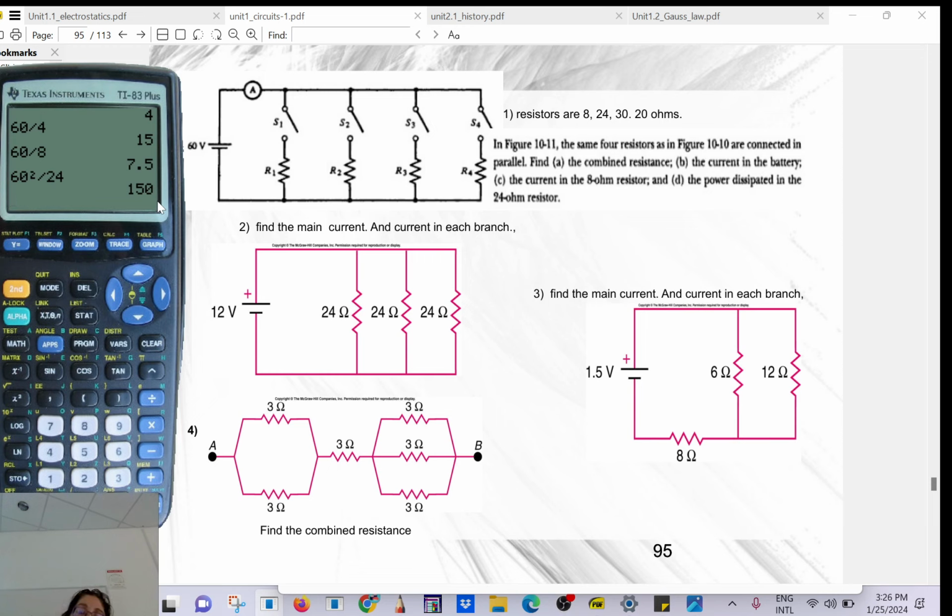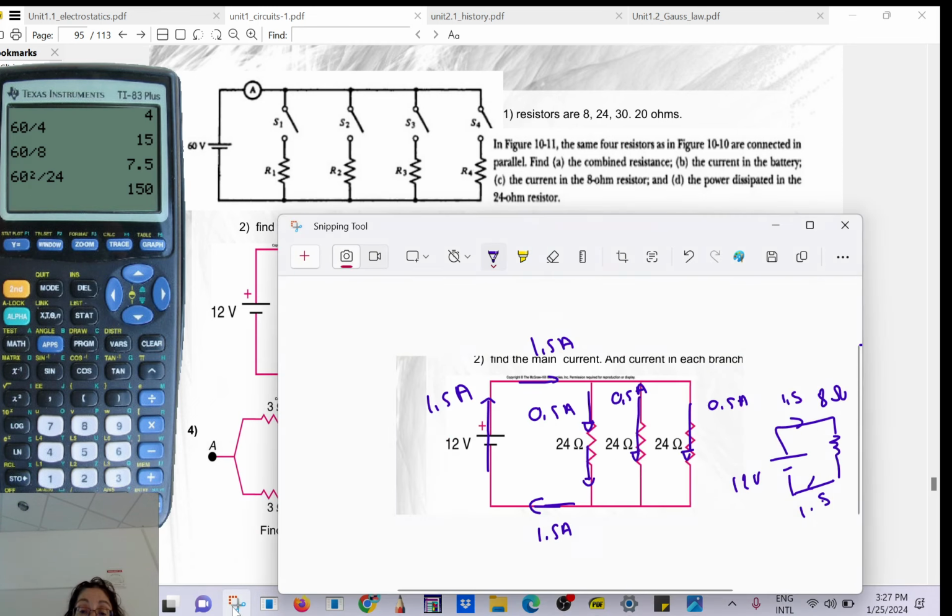Okay. How can we solve this circuit here? What do you see? Yes, parallel and series. So you see two branches. Do they have the same voltage? Yes, but then you have a series. So how are we going to solve this?